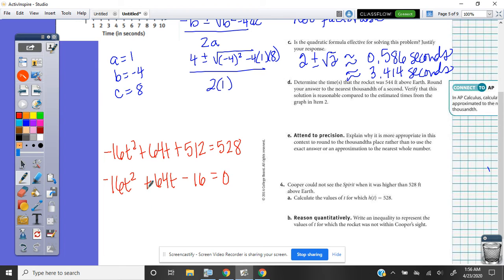So we can factor a GCF. It doesn't factor, so we need to do the quadratic formula again. When you do the quadratic formula, you end up with 2 plus or minus the square root of 3. So when you add the square root of 3, you get 3.732 seconds. And when you subtract it, you get 0.268 seconds.